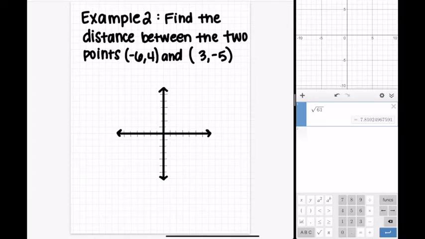Example 2, find the distance between the 2 points. So -6, 4, and 3, -5.